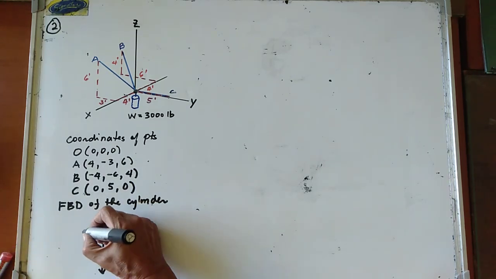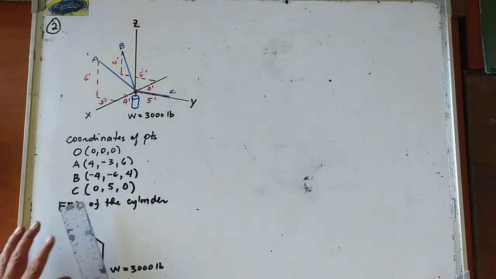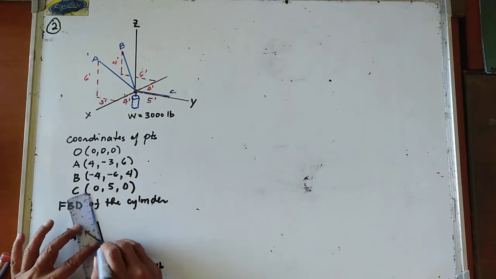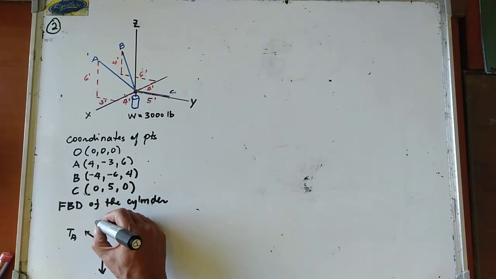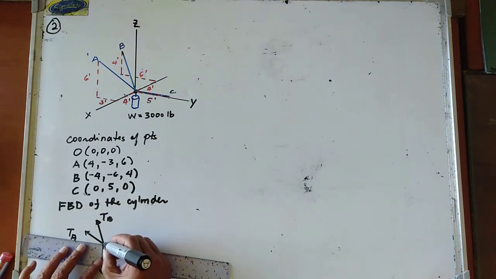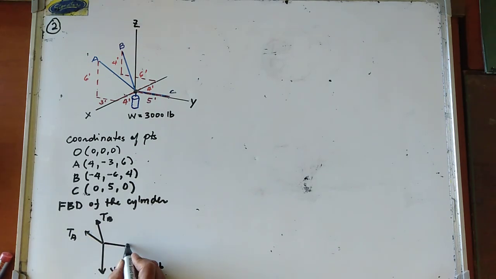So this is the tension in cable A. And then we have tension in cable B. So this is therefore the tension in cable B. And we have the tension in cable C. This is TC.